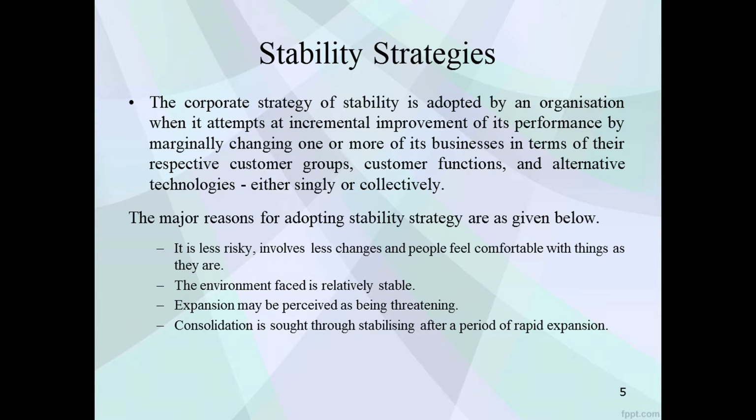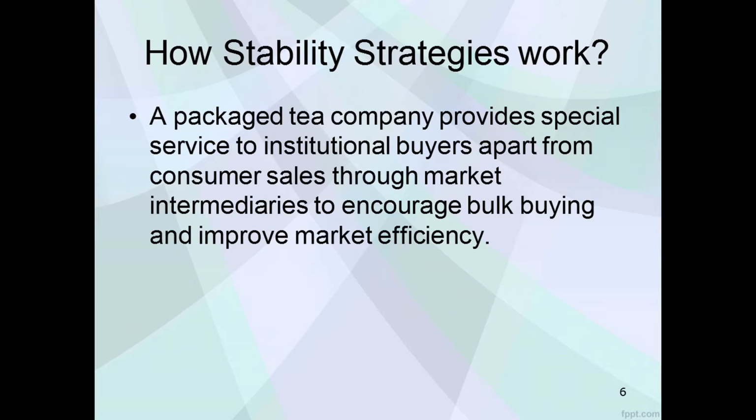Now, for example, take a packaged tea company, Tata Tea or Red Label or Lipton, whichever. They are sold in the market to consumers at a specific consumer price. But when they are sold to institutional buyers, like the armed forces canteens, they are sold at a different rate.